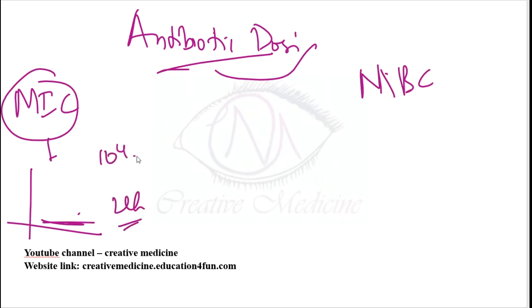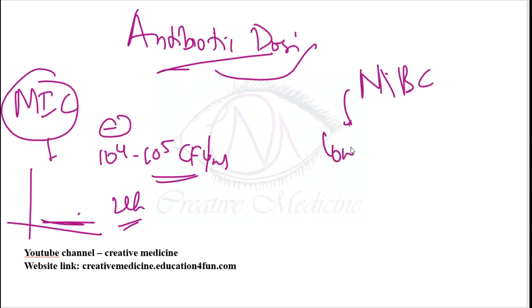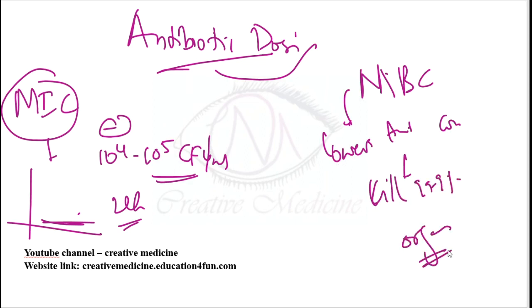That means, to inhibit an inoculum of 10 to the power of 4 to 10 to the power of 5 colony forming units per ml, how much antibiotic concentration is required? That is the minimum inhibitory concentration. Then the minimum bactericidal concentration is the lowest antibiotic concentration that can kill almost 99% of the microorganisms present.